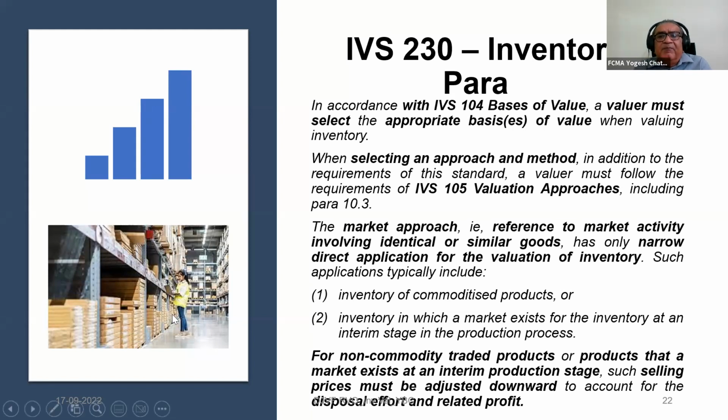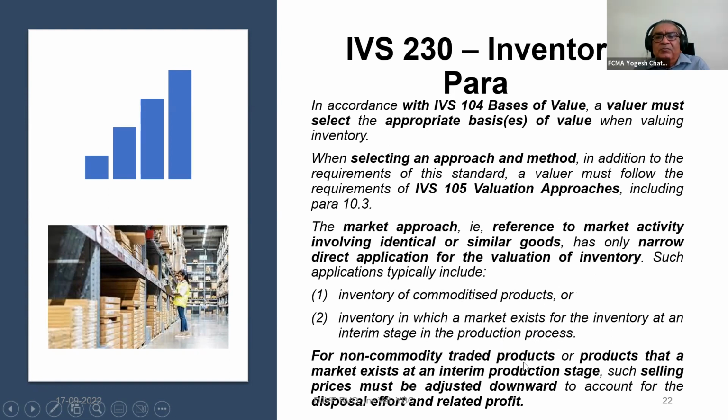So the market approach, with reference to market activity involving identical or similar goods, has only narrow direct application for valuation of inventory. So such applications typically include inventory of commoditized products or inventory for which a market exists at an interim stage in the production process.